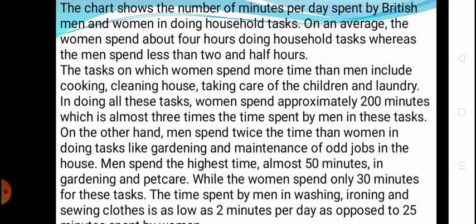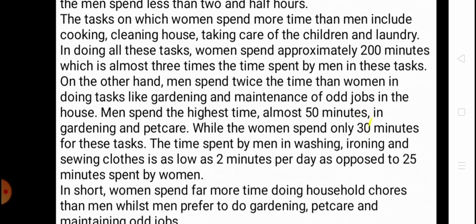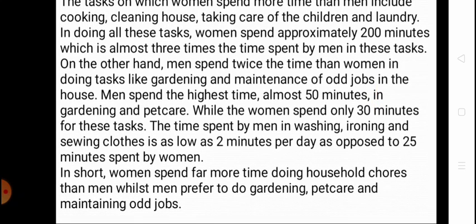The time spent by men in washing, ironing, and sewing clothes is as low as 2 minutes per day, as opposed to 5 minutes spent by women. In short, women spend more time doing household chores than men, while men prefer to do gardening, pet care, and maintaining odd jobs.